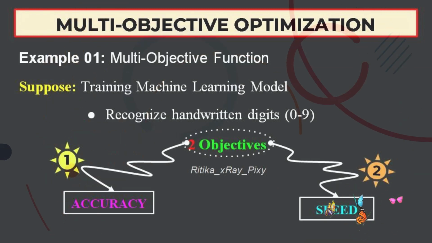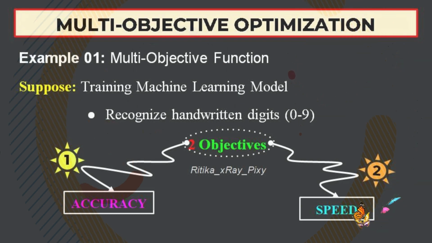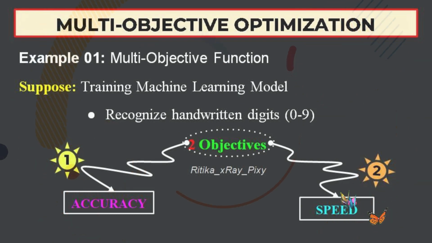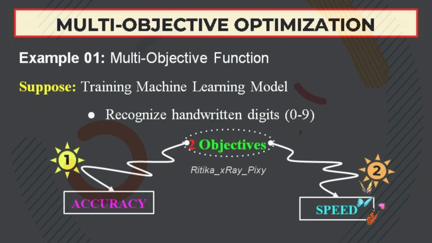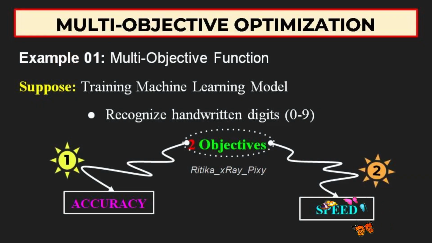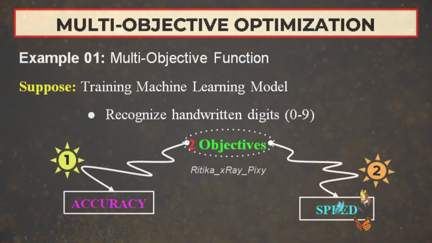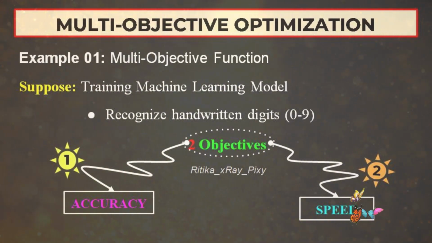Now we will try to understand how optimizing for one objective function can have negative impact on the quality of another objective function. So we will try to understand this using a numerical example. So suppose you are training a machine learning model to recognize handwritten digits from 0 to 9.